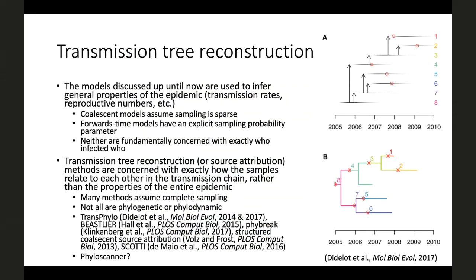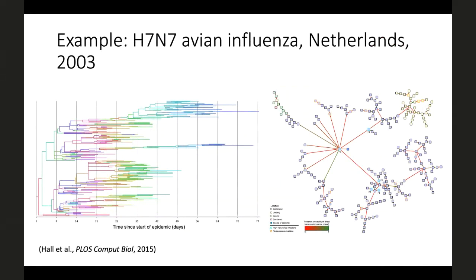So on the right, on the bottom, if you colour a phylogeny where the colours represent hosts, then you can see, based on where one colour changes to another, who infected who. This is an example from my paper in 2015, which was avian influenza in the Dutch outbreak in 2003. And each host here, rather than being an organism, is a farm.